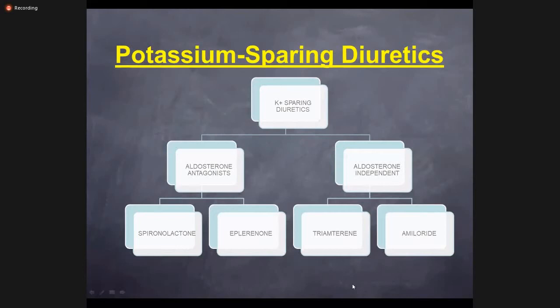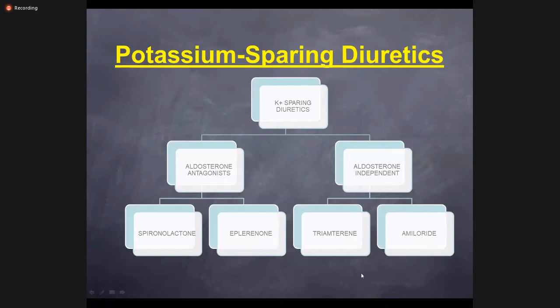Can you tell me what that condition is? In which condition would the use of spironolactone or eplerenone be inappropriate or ineffective? Can you recall a condition in which there is deficiency of aldosterone?